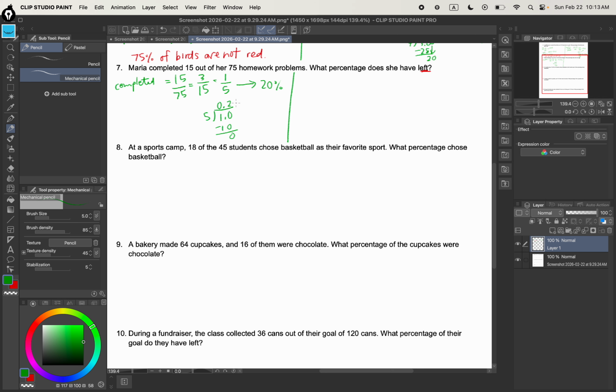Okay, so that's 0.2 times 100 equals, again, 20%. Okay, and then I have to do total minus completed equals 80% left. Okay.